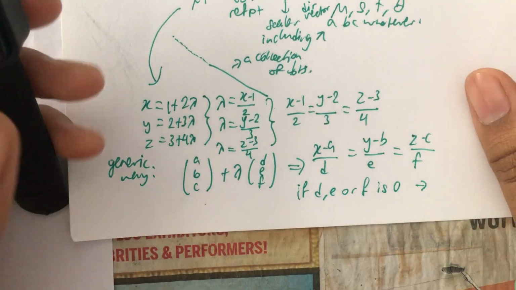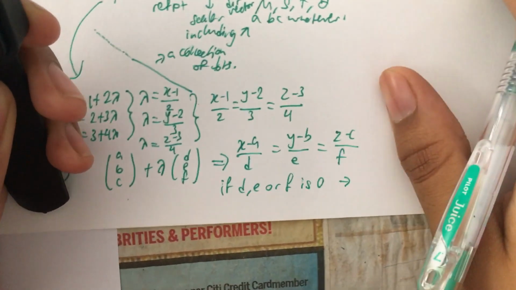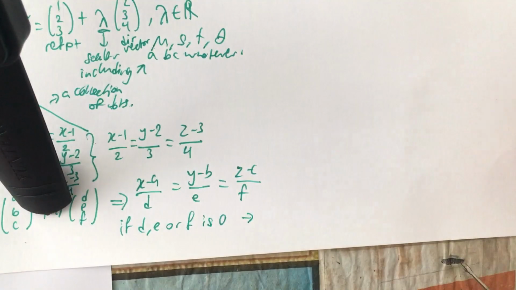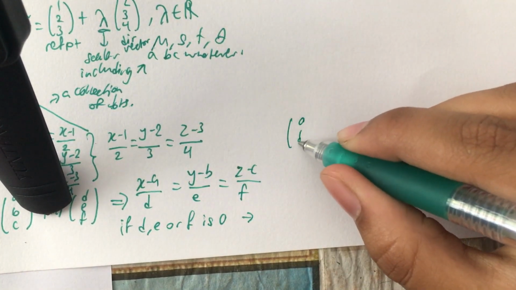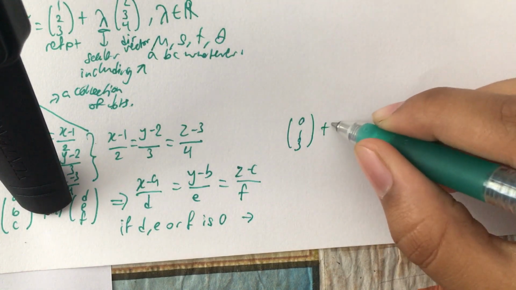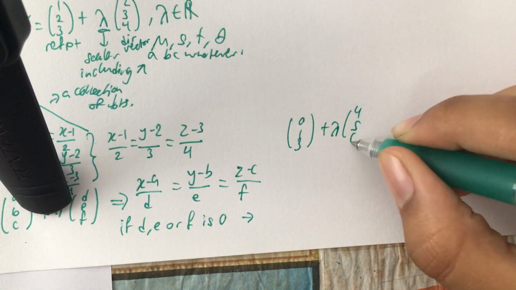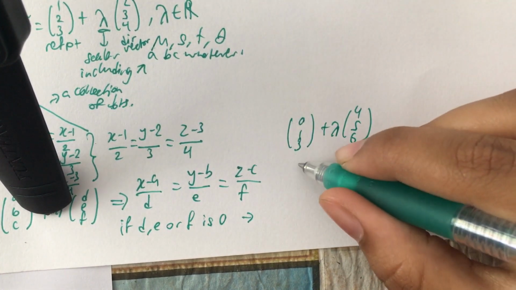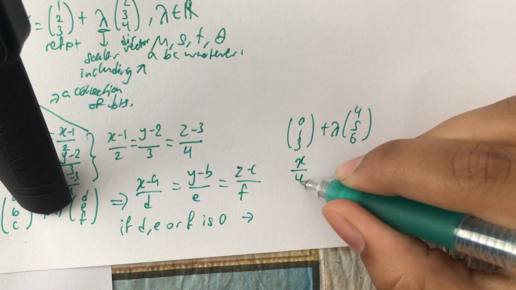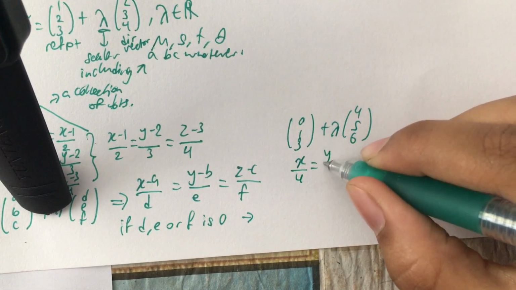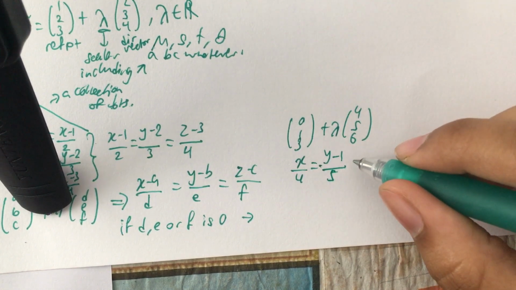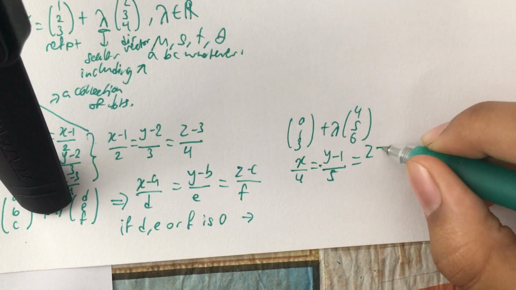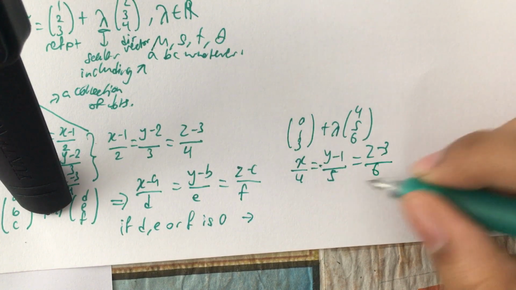As for the scenario where you have a 0, if the 0 is in the position vector, technically you can divide by the thing in the direction vector. For example, if instead of 1, 2, 3, you have 0, 2, 3, that is okay. You can just put x over 2, so you don't need to worry about that.